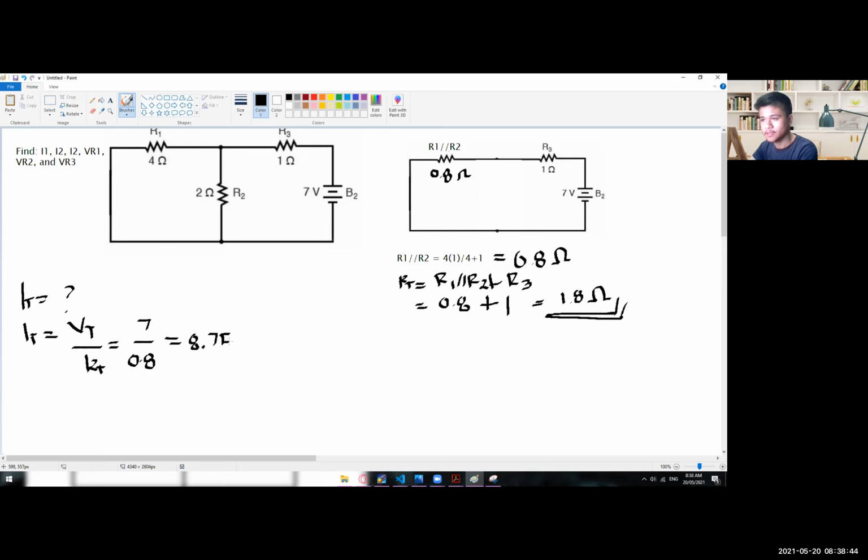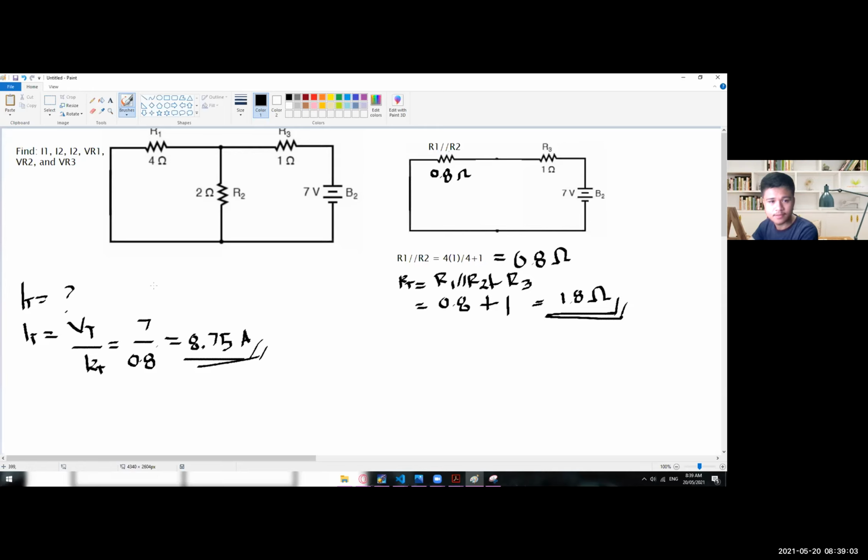So I hope you guys are also checking my answers using your own calculator. Were you guys able to follow up to this point? 8.75 for the total current. Okay, very good.